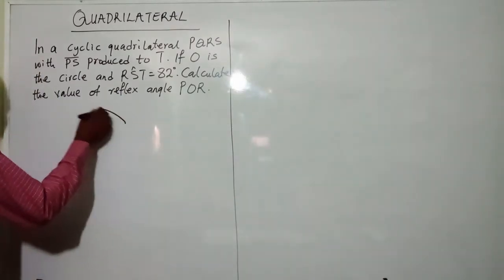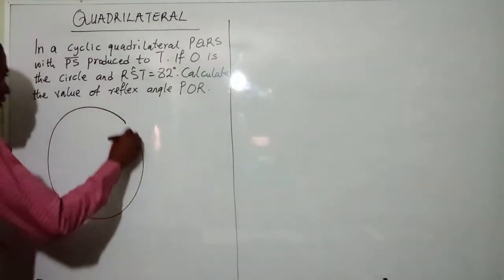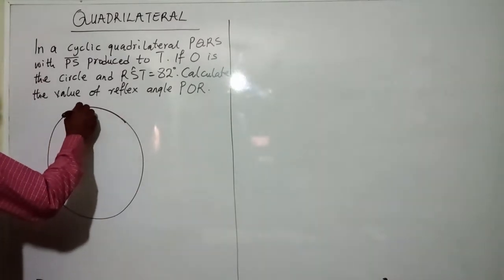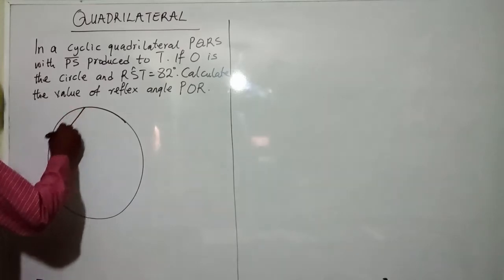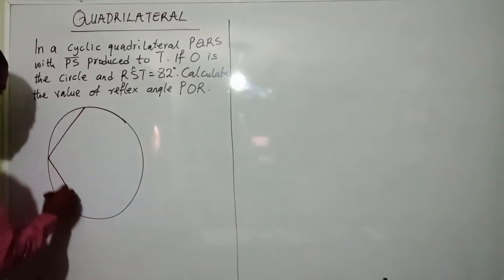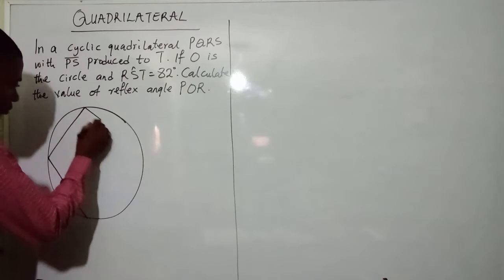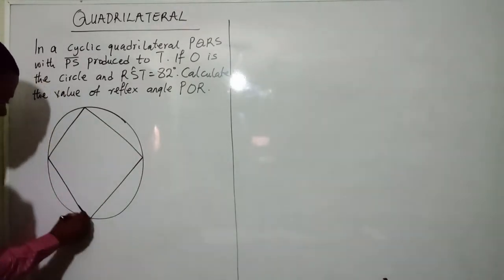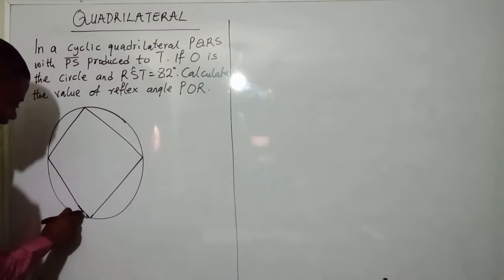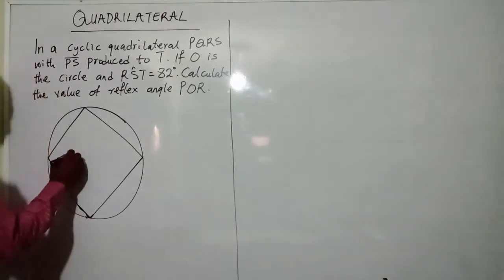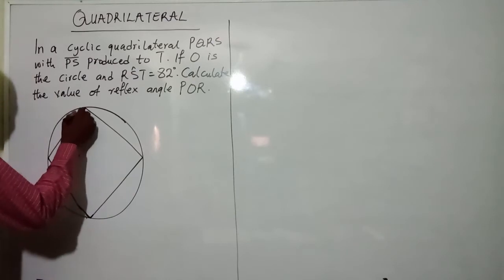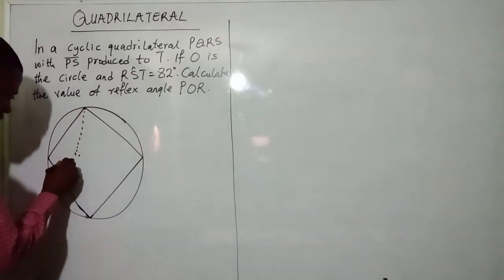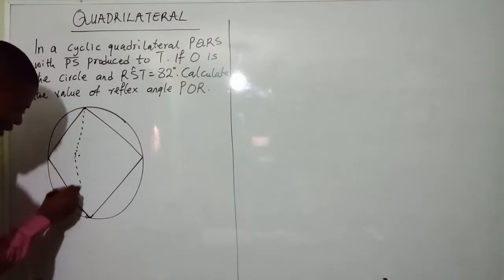So this is a cyclic quadrilateral PQRS. Always remember, our drawings are just sketches.